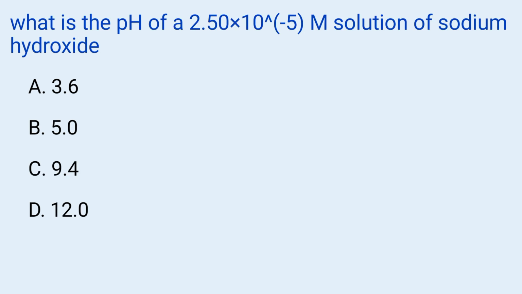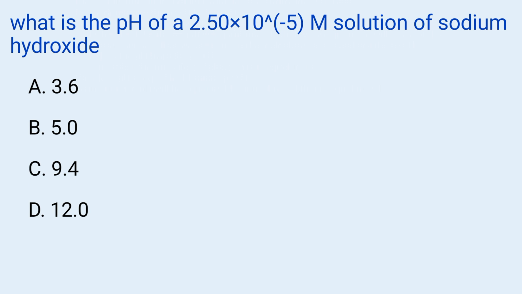Next question. What is the pH of a 2.50 × 10^-5 molarity solution of sodium hydroxide? A. 3.6, B. 5.0, C. 9.4, and D. 12.0. The correct answer is C, 9.4. Let's see why.